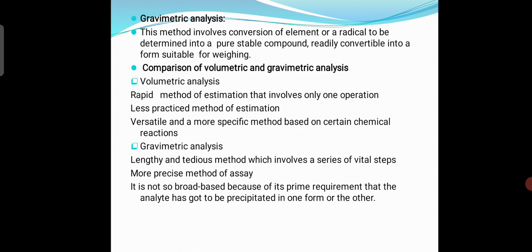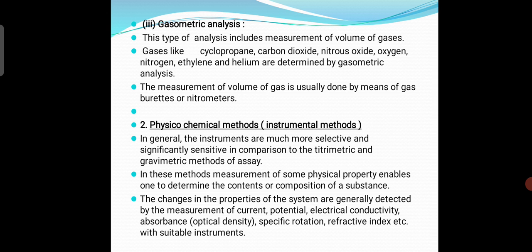And gravimetric means we are converting a compound or an analyte into a precipitate. That is called a gravimetric. Then gasometric. Gasometric means measuring volume of gases.